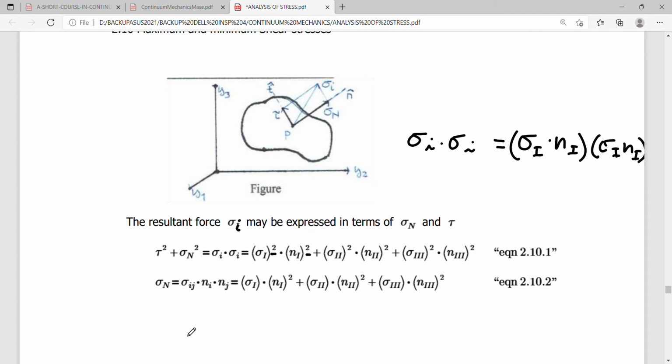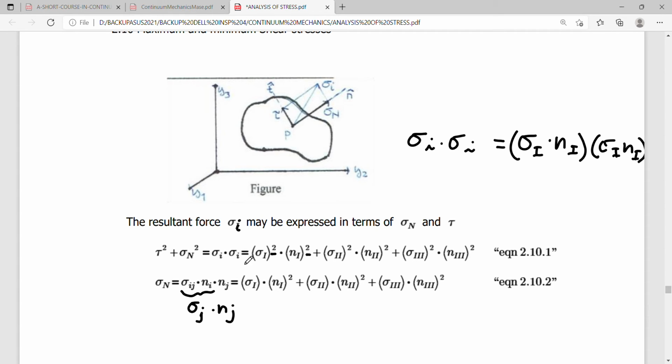So if I'm going to define now my normal component of your stress vector in terms of the Cauchy stress vector here, which is sigma j dot nj, I can come up with this equation here, in terms of, again, the same stress tensor, which is represented by the principal stress and the principal direction.